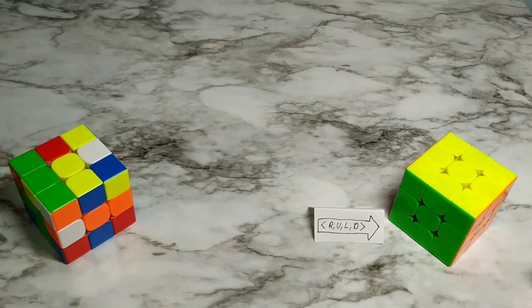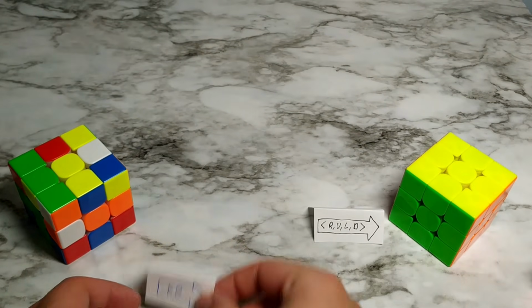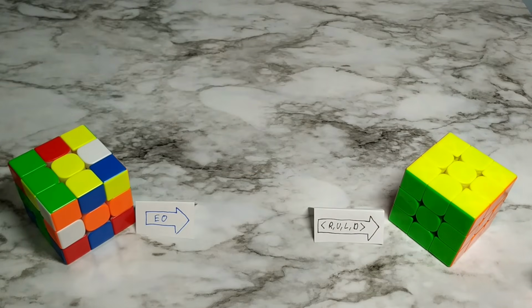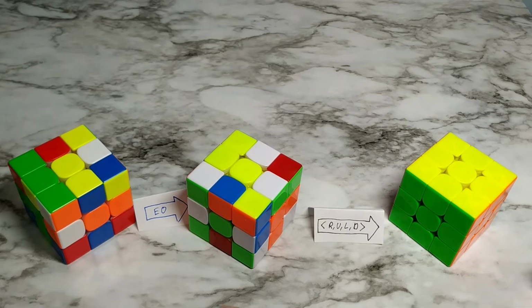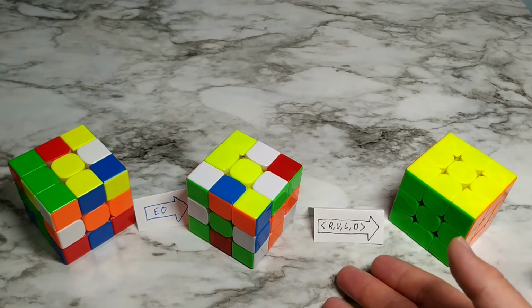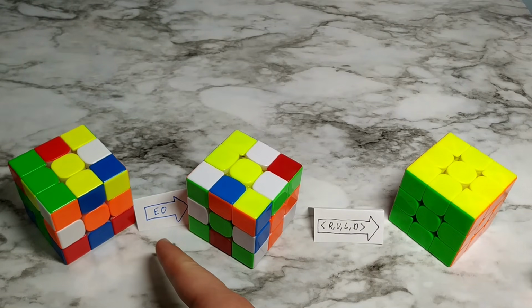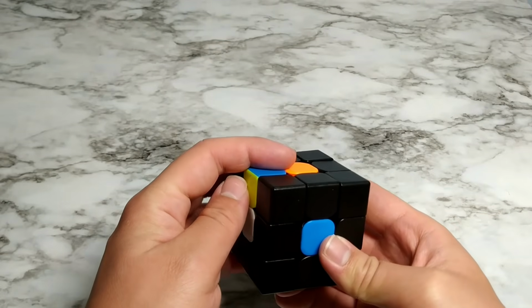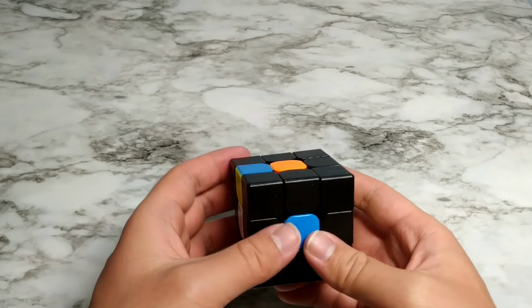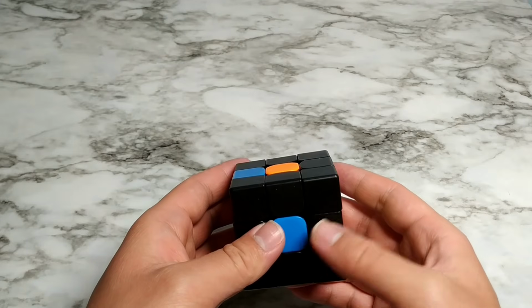The idea of ZZ is to add an extra step at the beginning of the solve that twists all the bad edges into good edges, and then everything can be solved with natural moves. This step is the focus of the video. Here's an example of a good edge. The way that this edge is twisted lets us solve it with natural moves.